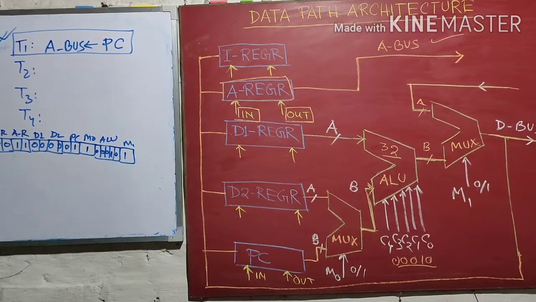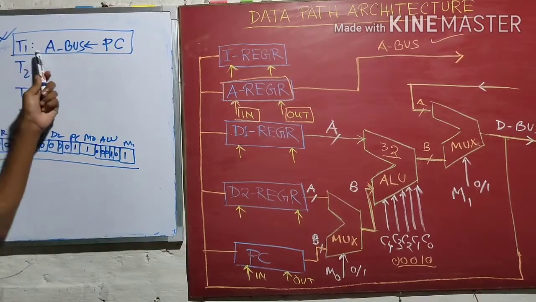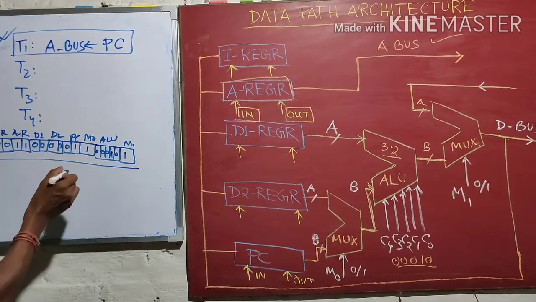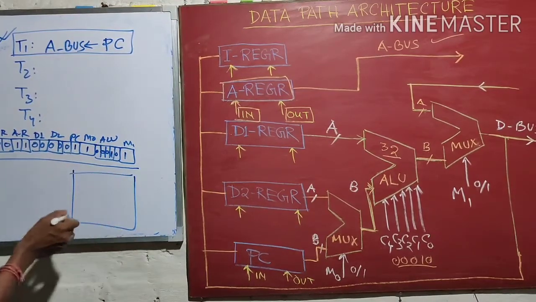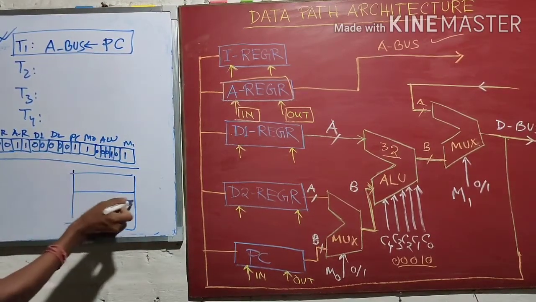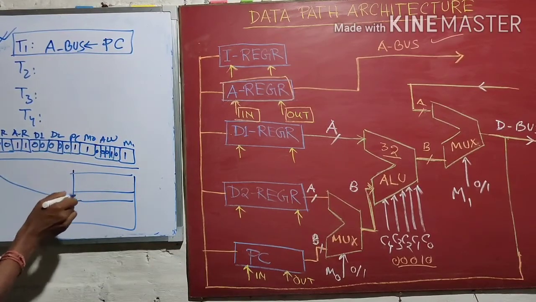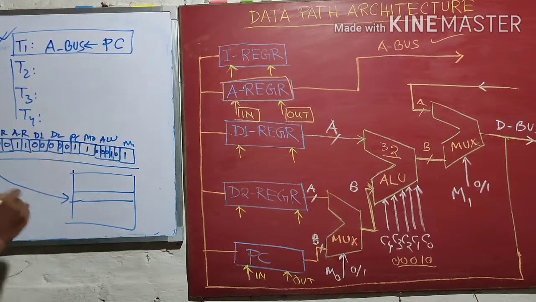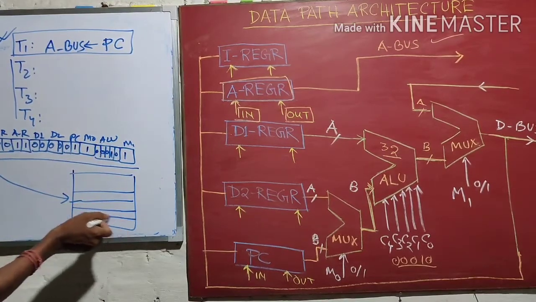Clear? So this becomes a control signal, the control signal for the first state. Suppose you have a memory, you can put this control signal into some word. This way every state will have this kind of control signals, and you can put all these control signals here.